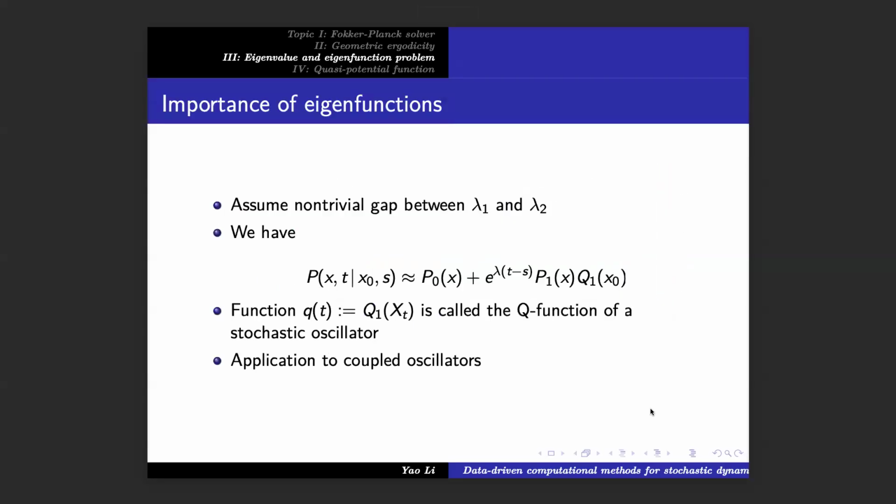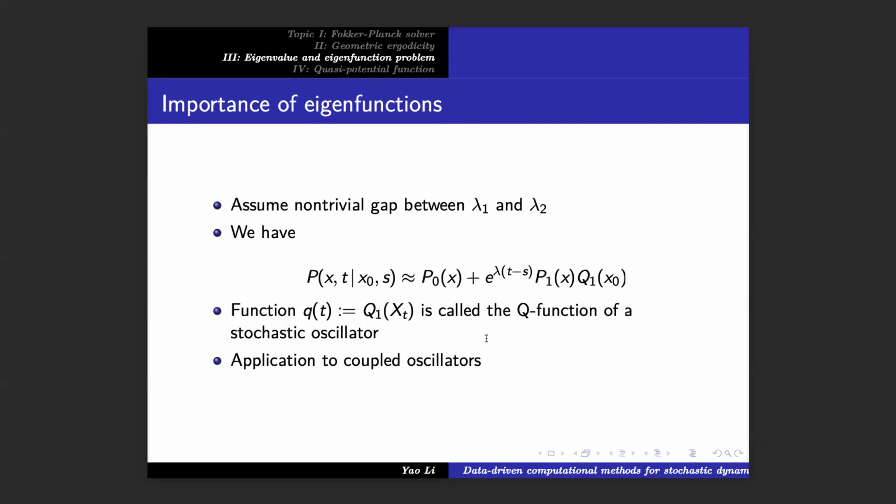And then if you take a look at the time evolution of the first mode, which is exactly why we want to study the eigenfunction. Let's assume that the first non-trivial eigenvalue is lambda 1 and the second non-trivial eigenvalue is lambda 2, assuming that they are not crazily close together. Then after some time, because you have the exponential, e to the power of lambda 2 t becomes very small.